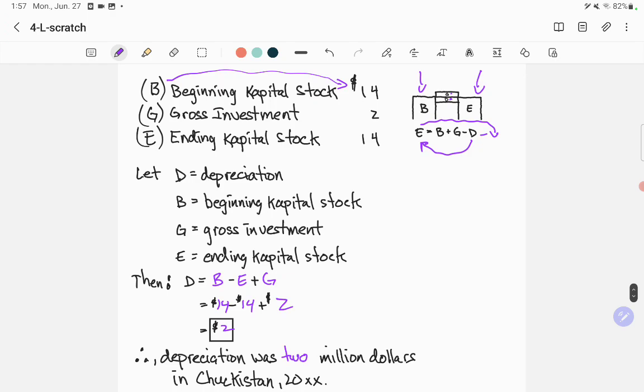An interesting analysis of this question. If this is the complete Chuckistani economy, has it grown, shrunk, or maintained the same size?